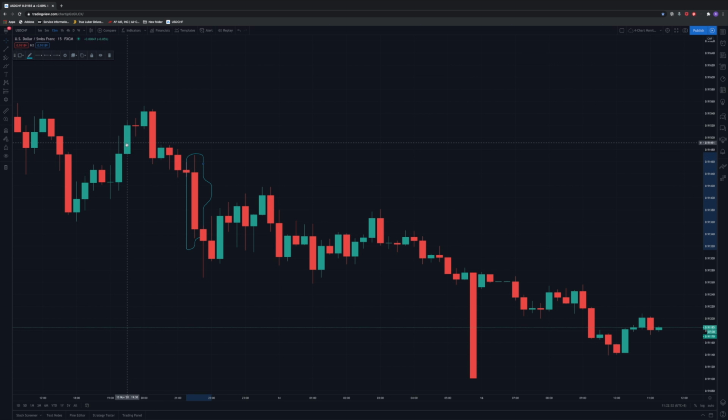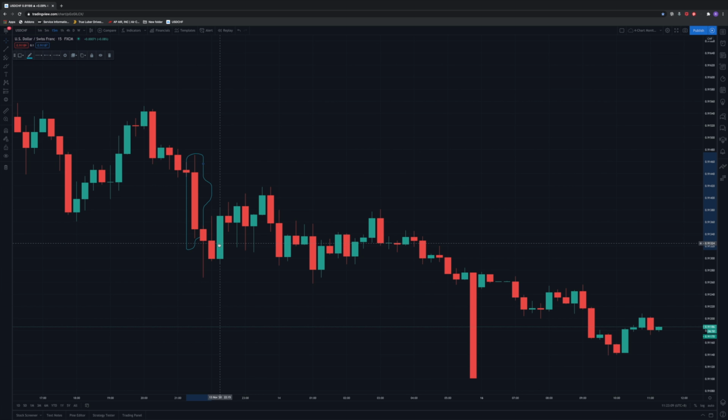Now, you'll see charts that have different colored candles depending on what people prefer. Some will have blue as the upward candles, and some people might have white as the downward candles. It just depends on what people's preferences are.